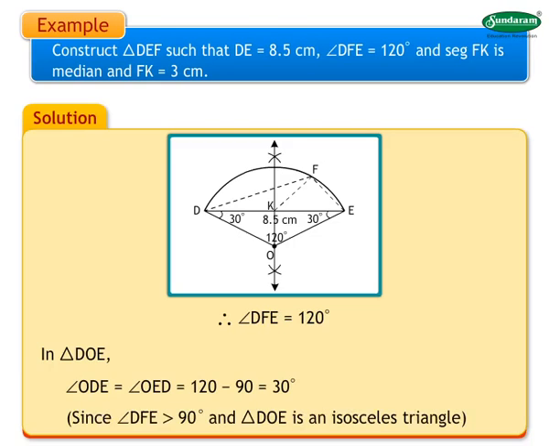We know how to construct angle DFE is equal to 120 degrees subtended by the chord DE. To fix up the point F on the arc DFE, the length of median is given 3 centimeters.